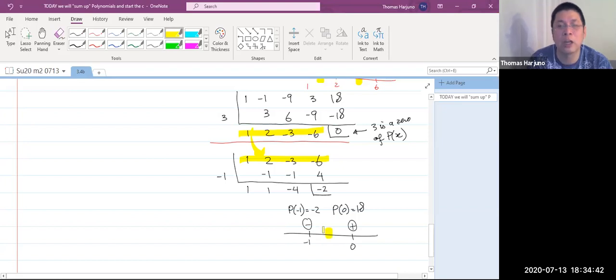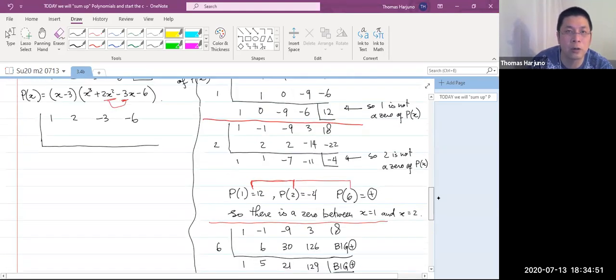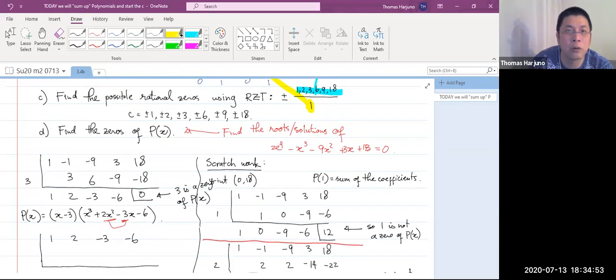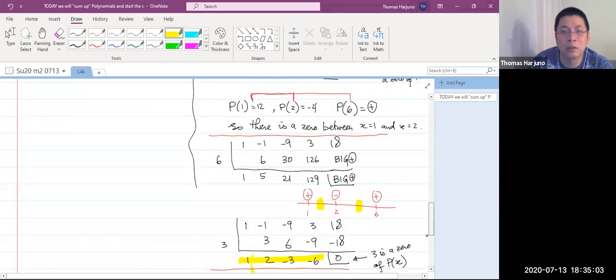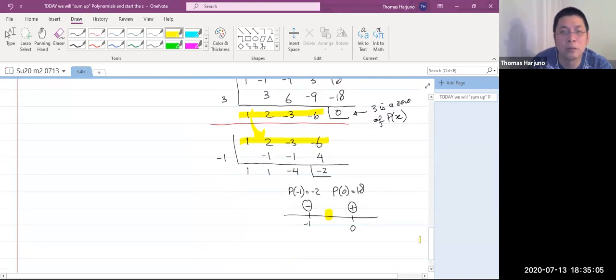But again, between negative 1 and 0, there are no rational zeros in our list. Unless I counted it wrong, but let me see. Yeah, there are no rational zeros in our list.